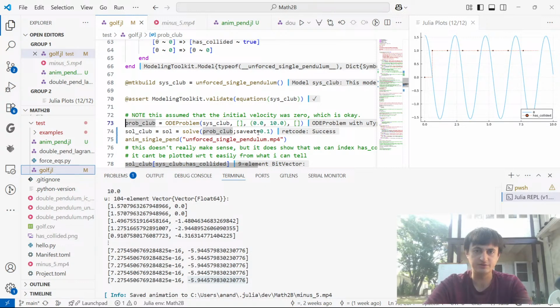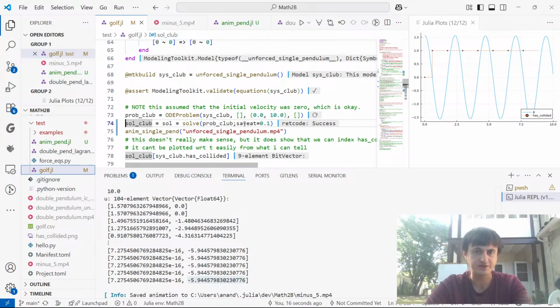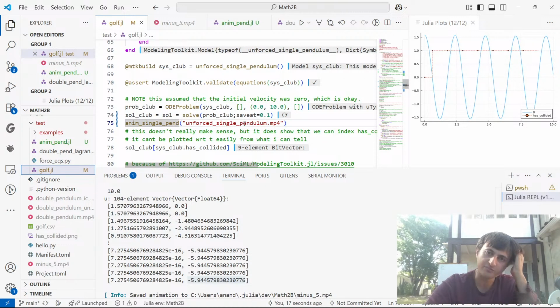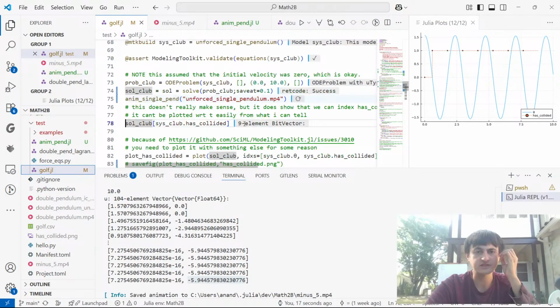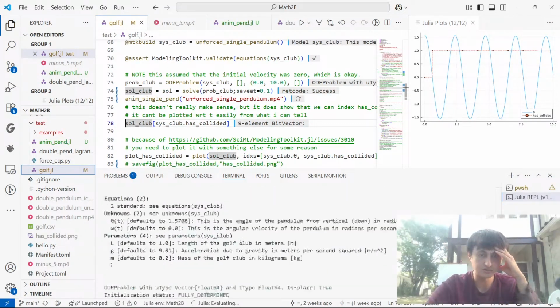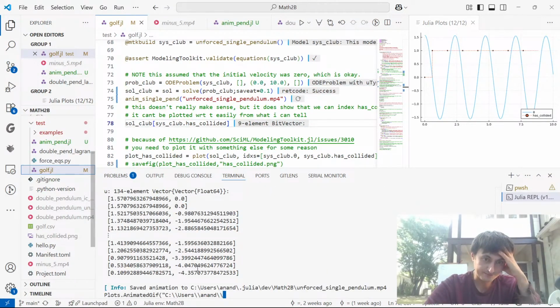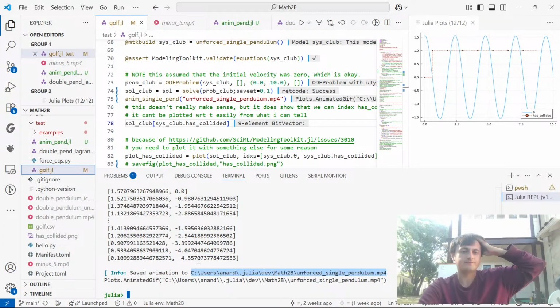See, we keep getting those assertion errors because we add 5, but 5 is supposed to be something with respect to seconds. All right, so let's just animate this.